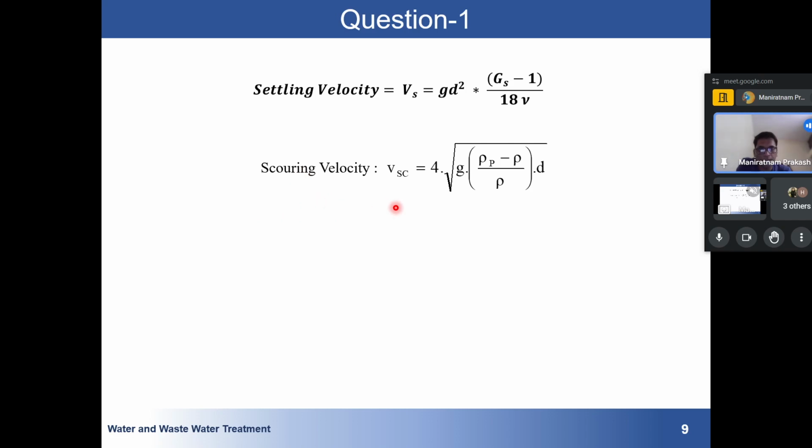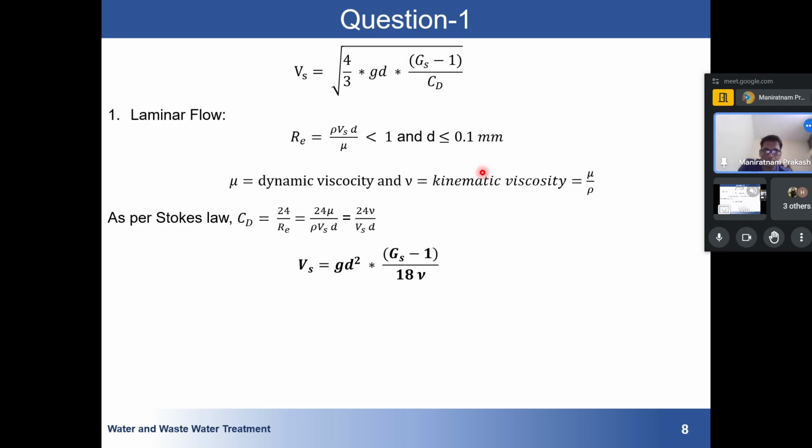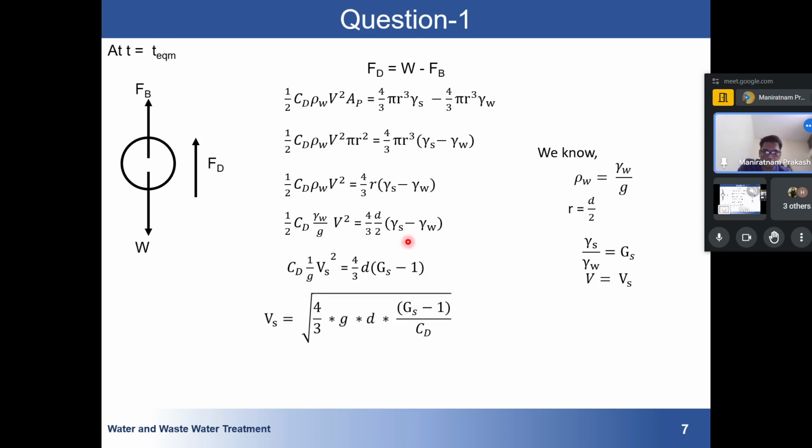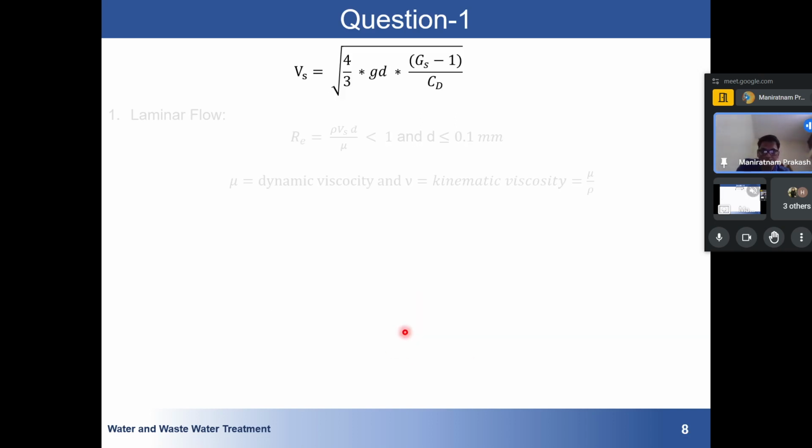And the rate at which that solid will move forward is given by this formula, that is 4 under root G. You can see that this is similar to this equation only, and by dividing it by the density of water, I have represented it in terms of Gs minus 1.